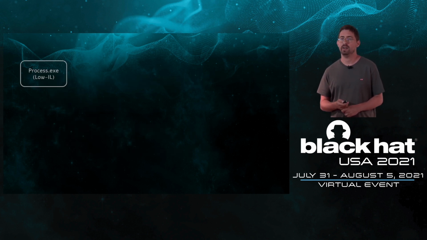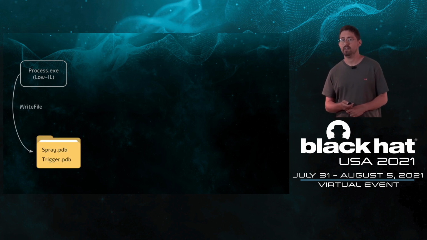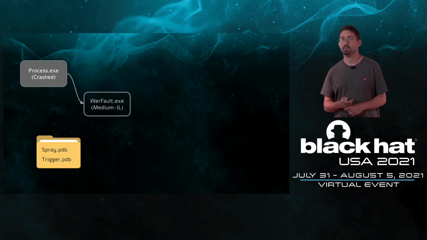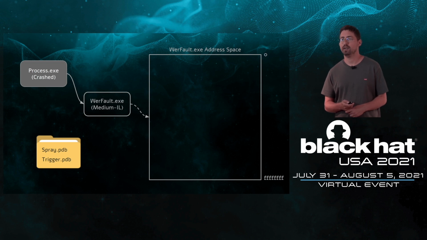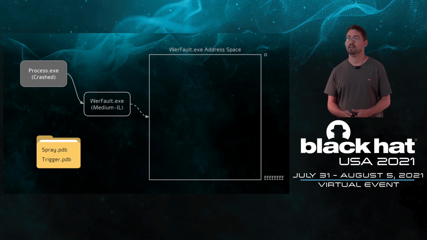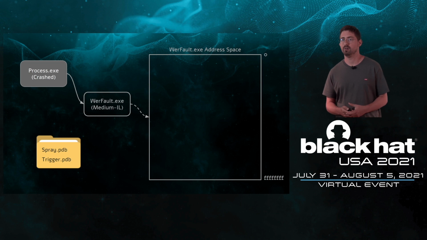I'd start by running my code at low integrity, and then I write two PDB files onto the disk to the AppData Local Low directory, spray.pdb and trigger.pdb. Then I'd crash my own process at low integrity, which would spawn an instance of WerFault at medium integrity to handle that crash. Now the address space of WerFault at that point is going to be quite clean because it is a newly created process.